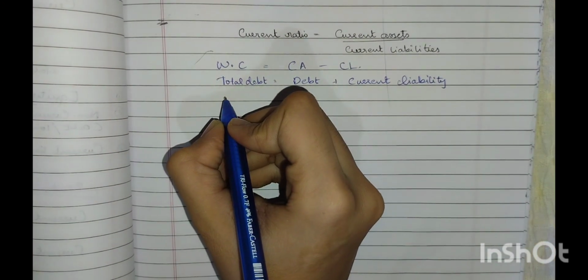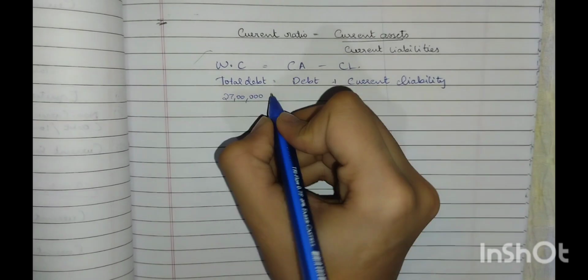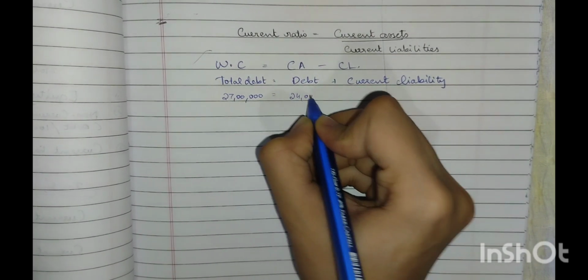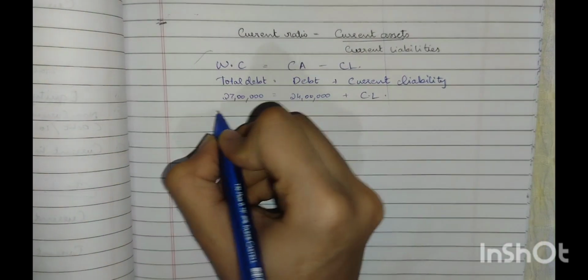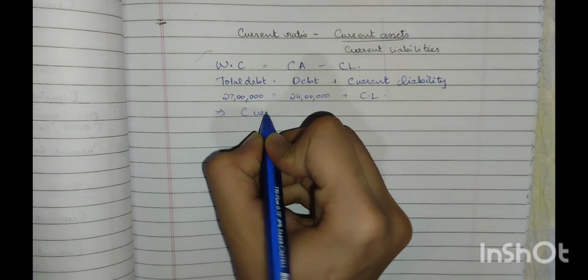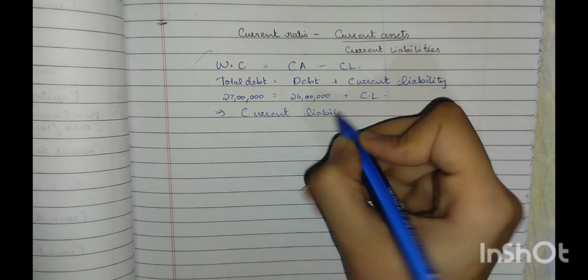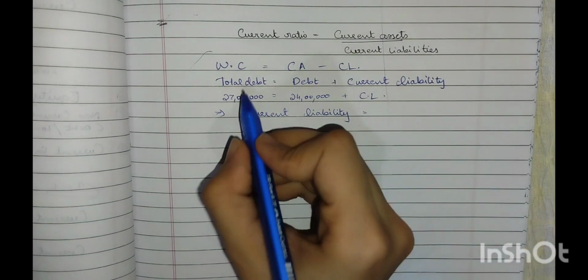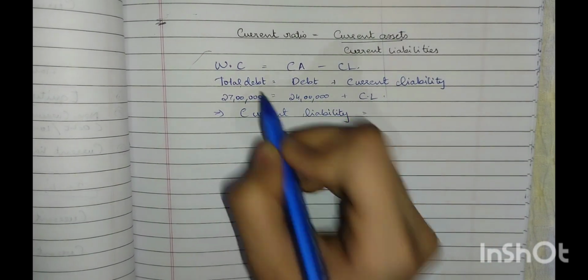They've given total debt to be 27 lakhs, debt or non-current liabilities to be 24 lakhs, and thus this implies that our current liabilities is equal to our total debt minus our debt.